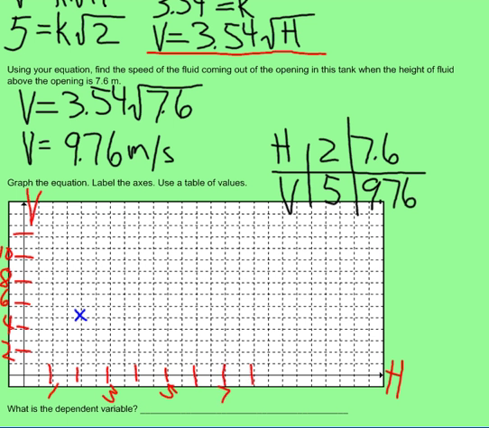Across 7.6, so this is 7.6 about in there, and up 9.76, so down here.